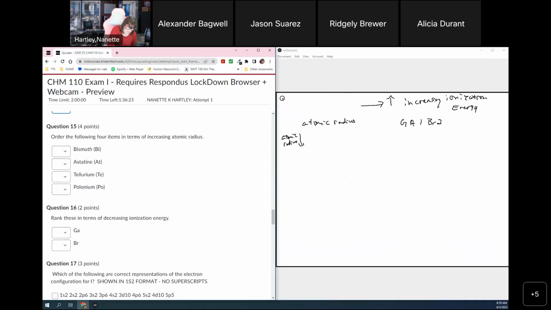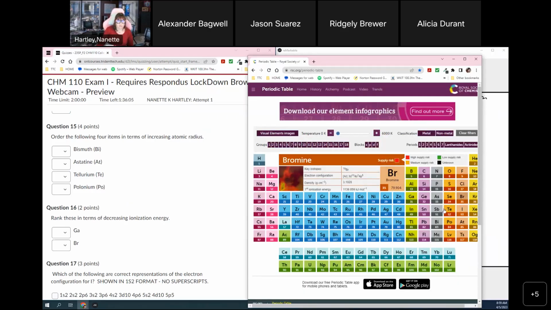That's because we have more positive charge in the middle, so it pulls in more. So it's a bigger effective nuclear charge. So if I'm looking at bismuth, astatine, polonium, and tellurium, I know that astatine is smaller than polonium, is smaller than bismuth, right?